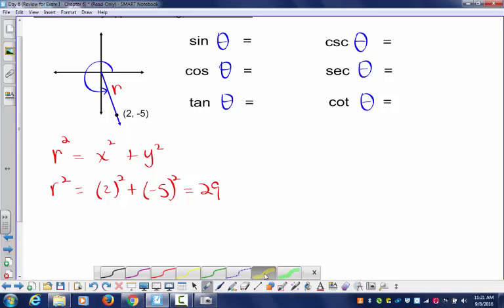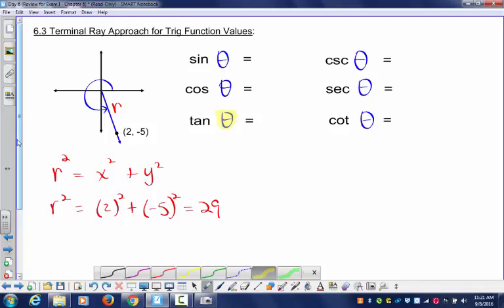Another quick comment, make sure that when you're writing down your trigonometric functions that you put an angle in there. Don't just write tangent equals. A trig function has to be of an angle. Tangent equals doesn't make any sense. It's got to be tangent of something. Tangent of theta.